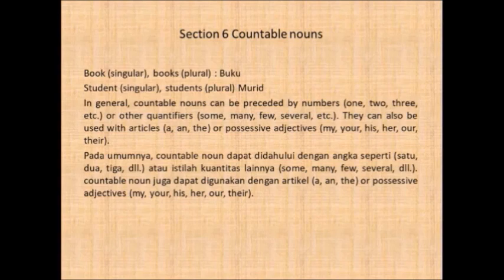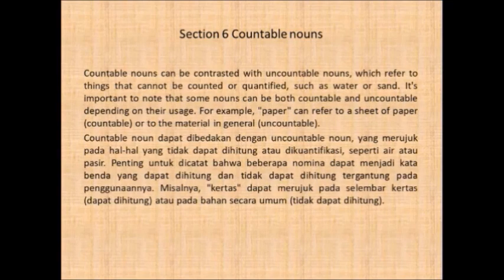In general, countable nouns can be preceded by numbers 1, 2, 3, etc., or other quantifiers: some, many, few, several, etc. They can also be used with articles a, an, the, or possessive adjectives my, your, his, her, our, their.